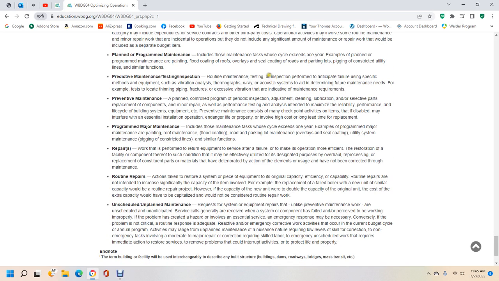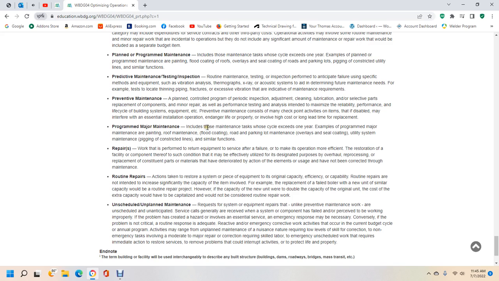Preventive maintenance is a planned, controlled program of periodic inspection, adjusting, cleaning, lubricating, selective parts replacing, and component replacement with minor repair, with testing and analysis intended to maximize reliability, performance, and life cycle of the building system, equipment, etc. Building preventive maintenance consists of many checkpoints and activities on items that, if disabled, may interfere with essential installation operation, endanger life and property, and involve higher cost and long lead time replacement.